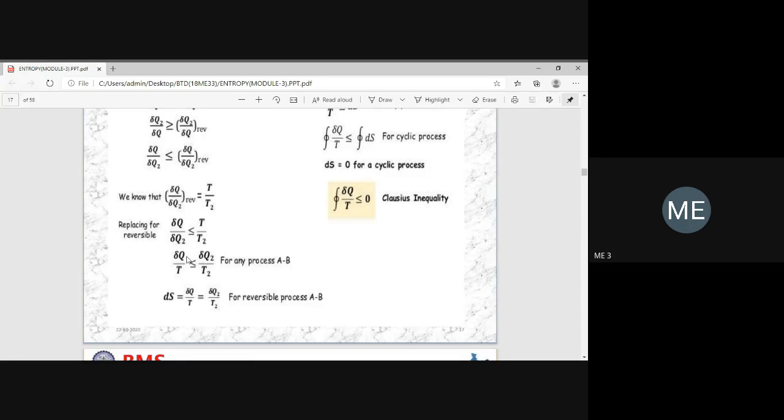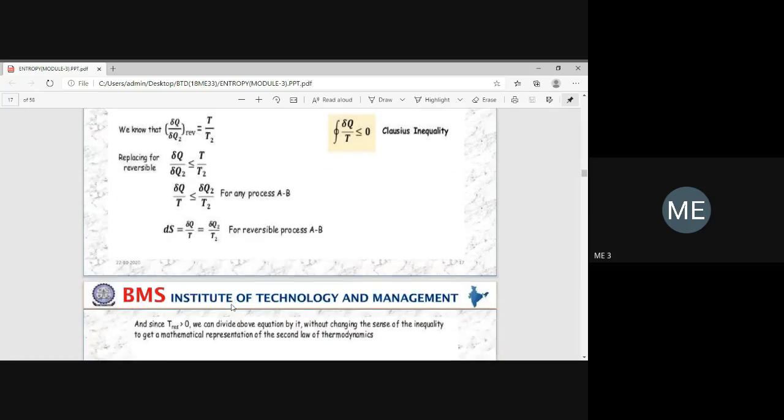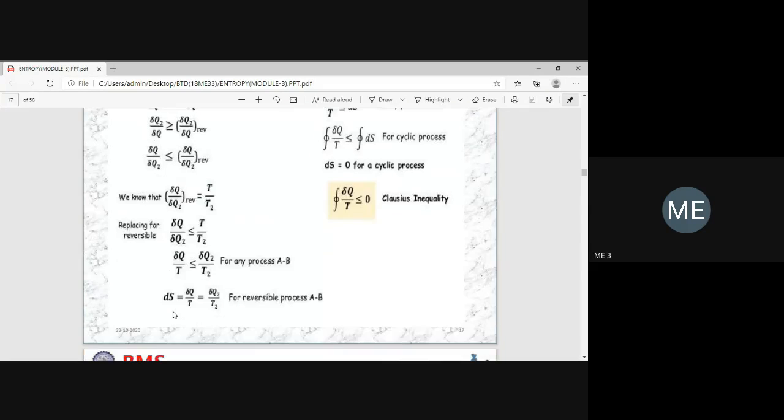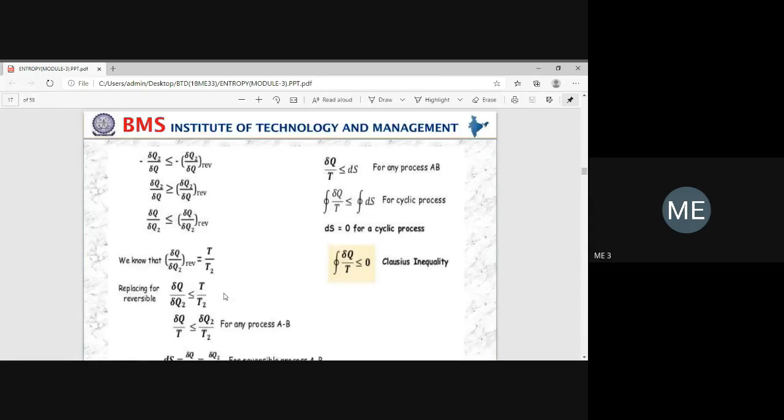But for a reversible process, we know that ds is exactly equal to dq by T, or equal to dq2 divided by T2. For an irreversible process, dq by T is less than or equal to dq2 divided by T2, but for a reversible process it is exactly equal.